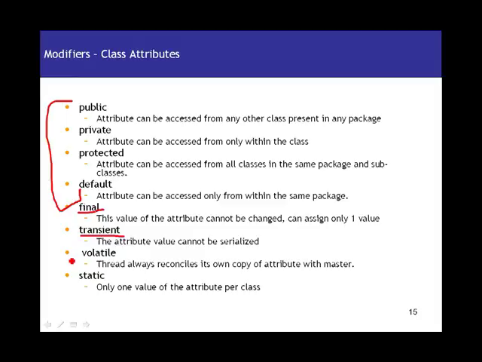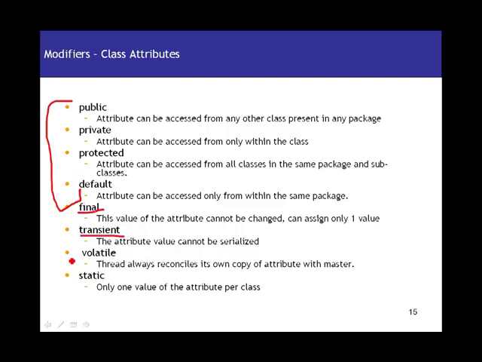So what do I mean by saving the state of an object? Say, for example, I've got an employee class which has an employee name, a department, and a salary. Let's say these three instance attributes for now. Okay, and I assign some values to these instance variables.